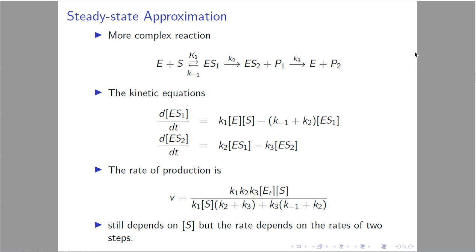For a more complex reaction, we can have a lot of reactions using the enzyme. The enzyme produces product number 1, product number 2, product number 3, or another reaction produces product number 4. In this case, we write dES1/dt and dES2/dt and solve again using matrix notation. We get the rate of production equal to k1 k2 k3 E_T S over k1 S (k2 plus k3) plus k3 (k_minus1 plus k2).